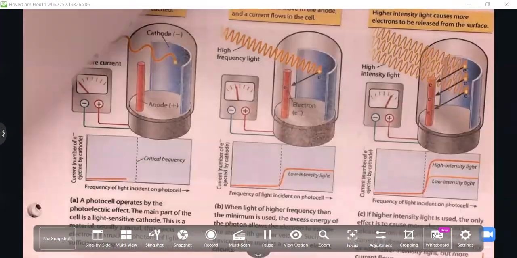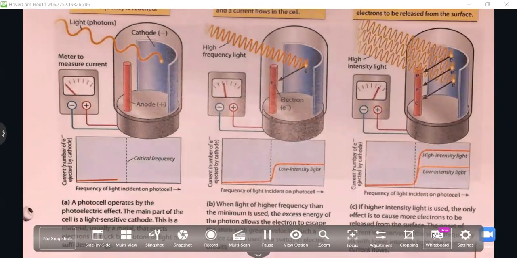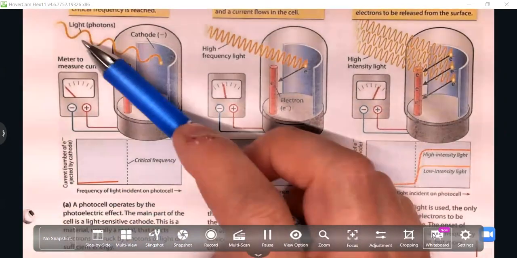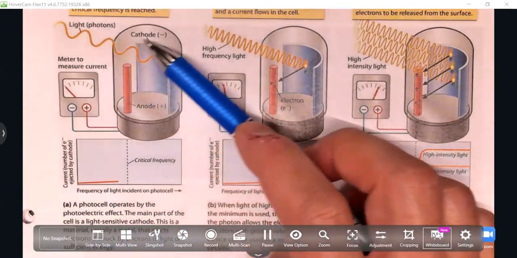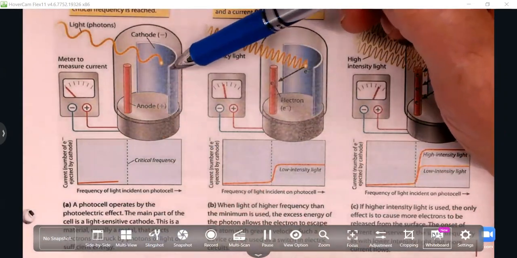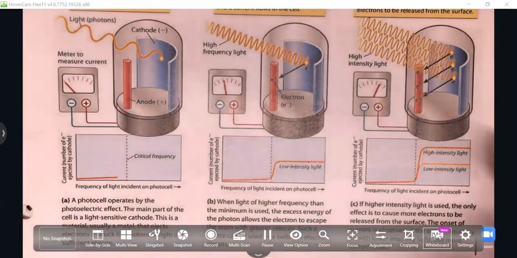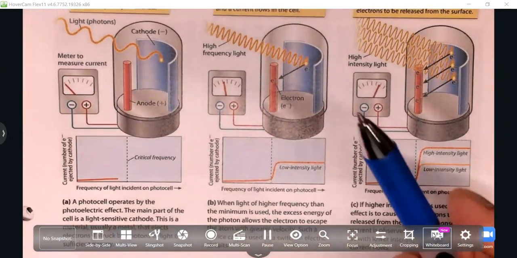So I'll go to the next page, and I just have a diagram of this. So this is the photoelectric effect. If we have light coming in and hits this metal surface, nothing happens. This is a switch, okay? This is a photocell.